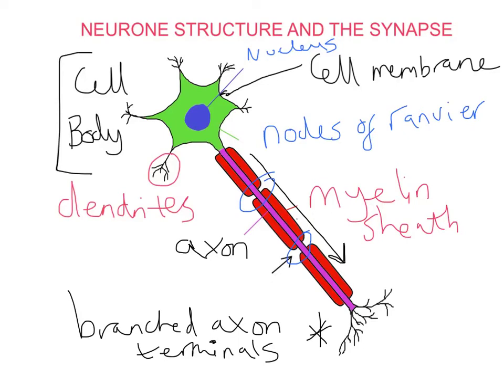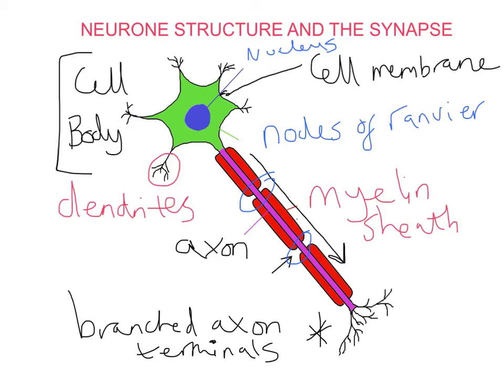So let's talk about what they do. So we said the cell body, we've got the nucleus that controls the cell, membrane that controls what comes in and out. The axon, this long thread-like extension, that's what transmits the nerve impulses. So we're really left with two key bits, the dendrites and the branched axon terminals.